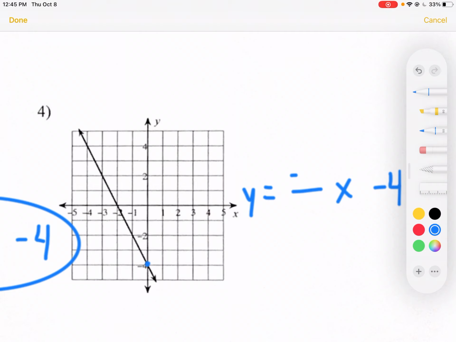There's lots of points here that I could work from. Seems like all of those would work. So let's just pick a couple. Draw a slope triangle. I went down 2, right 1. So I could write negative 2 over 1, but I think it would be better to say just negative 2x minus 4.